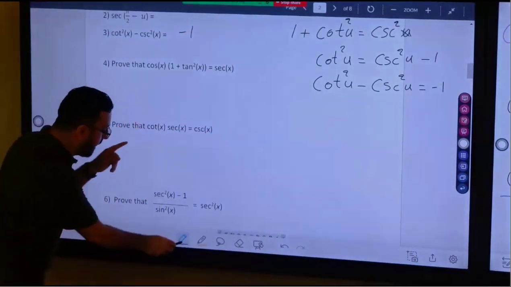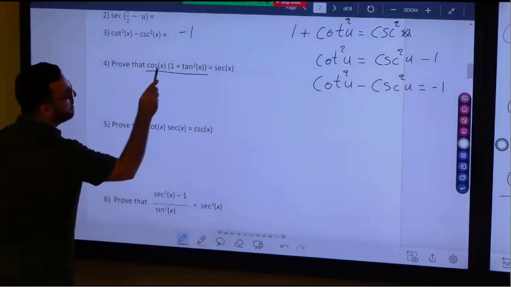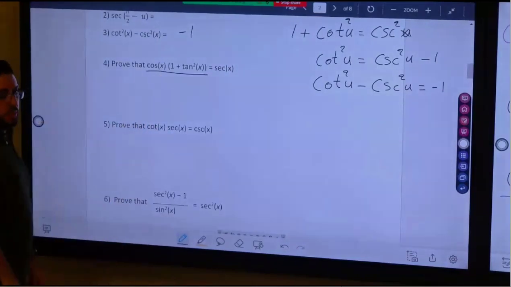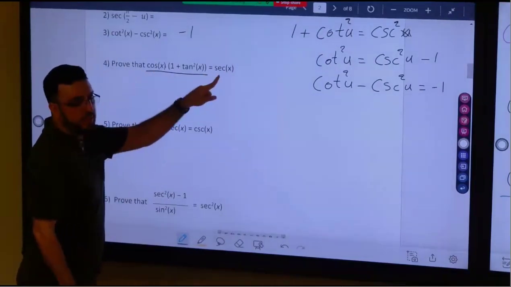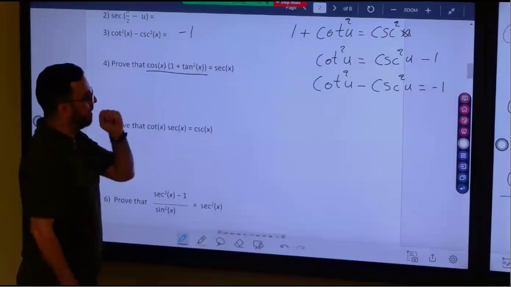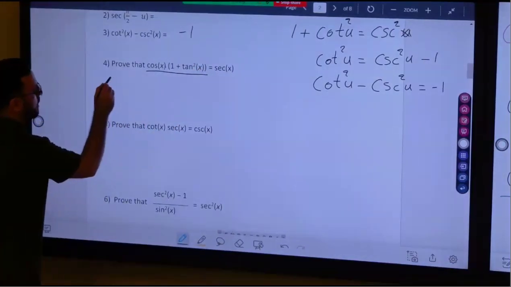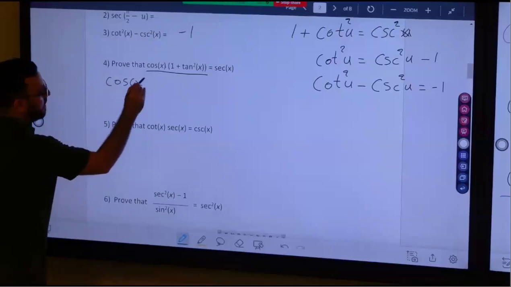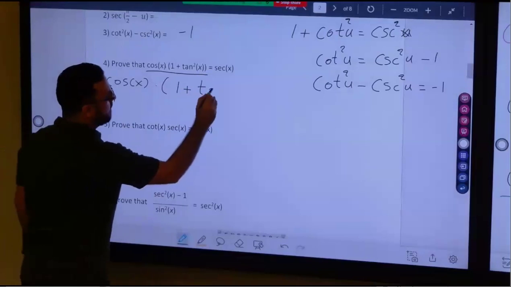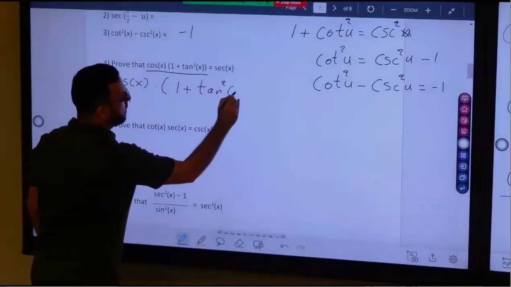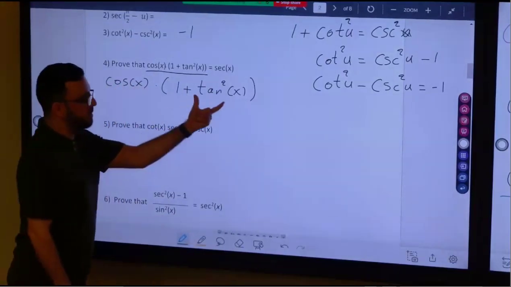I need to prove that cosine x times 1 plus tangent squared x, times the square x, equals secant x. There is no square. Now check here. It's cosine x times 1 plus tangent square x, and here's parentheses. That means this one times this one.